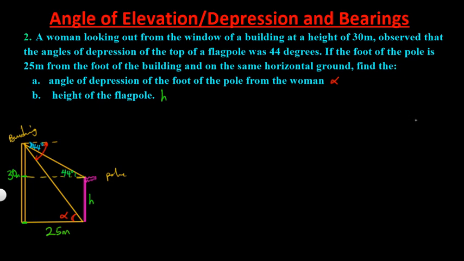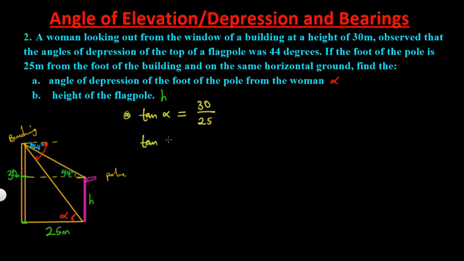To do this, looking at this, we've been able to get something we call a right angle triangle. This is the opposite side and this is the adjacent side. That means for question A, tan alpha is equal to the opposite, which is 30, divided by the adjacent, which is 25.